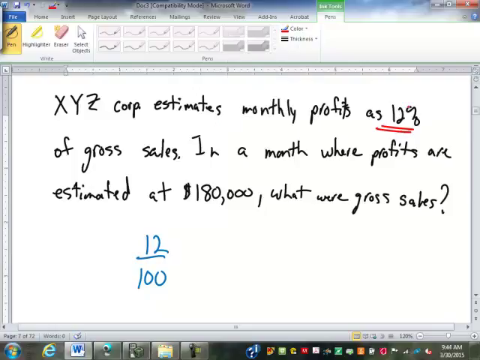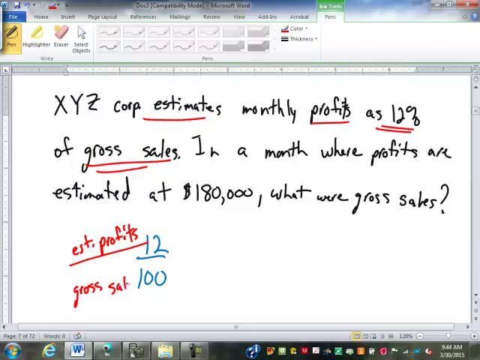Estimated profits. And what are those profits estimated as a part of? They're estimated as a percent of gross sales. So the 100% represents gross sales.